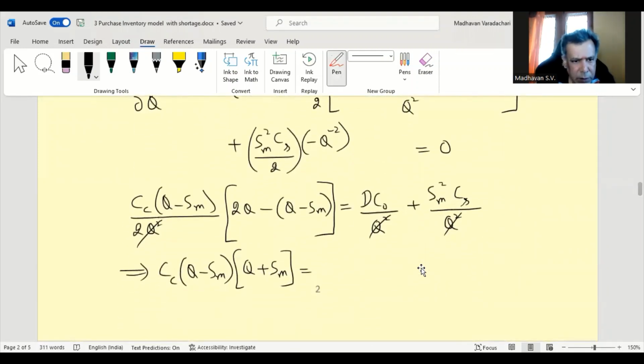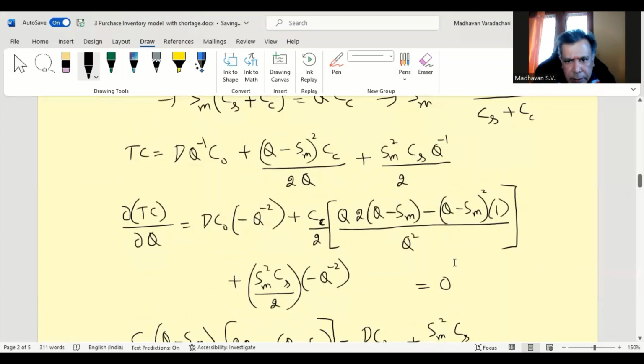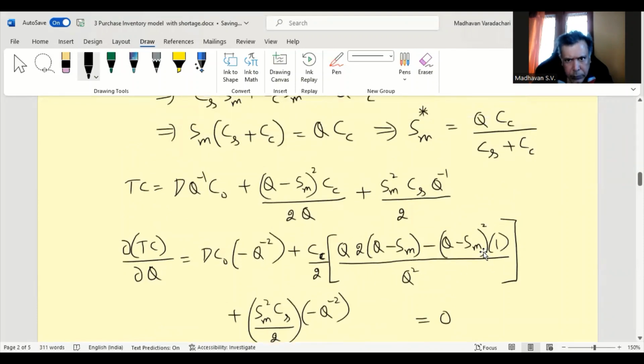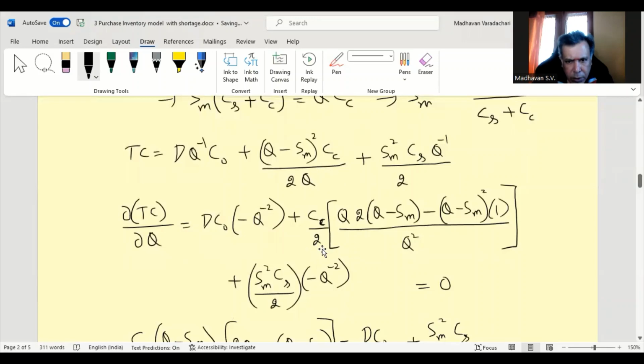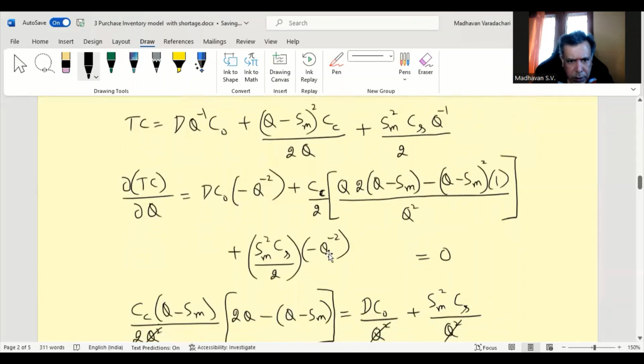Yeah. So here we also have this 2. That 2 I can take to the right side. It will go to the numerator. So you get 2DCO plus, here again you have this 2.